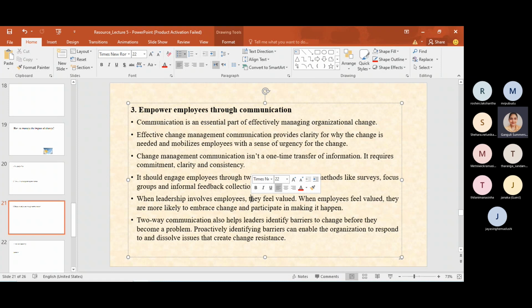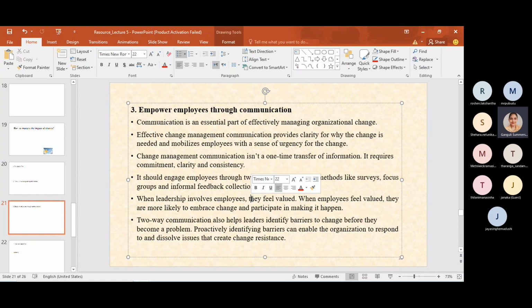Why is employee empowerment important? Because when your employees feel empowered, they perform better, right? When you empower your employees, they feel valued, and when your employees feel valued, their performance gets better. And when your employees perform better, eventually the performance of the organization will also be better.